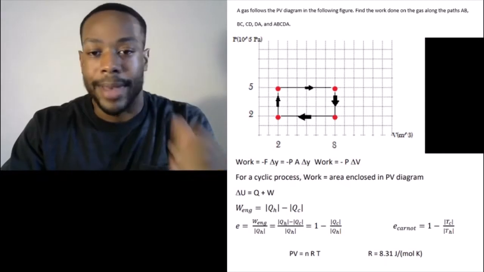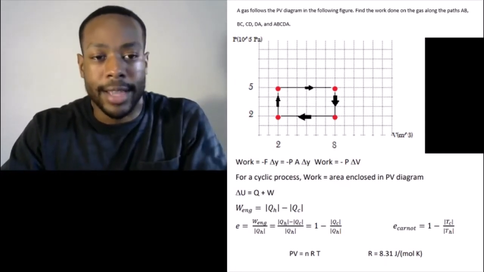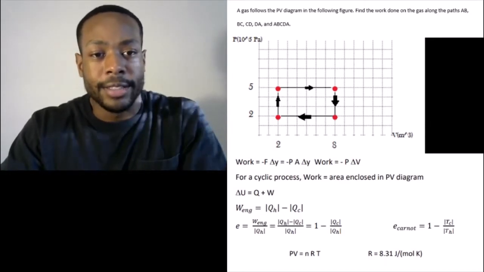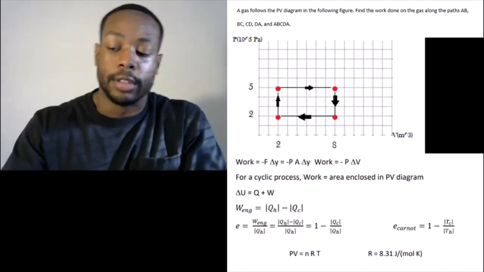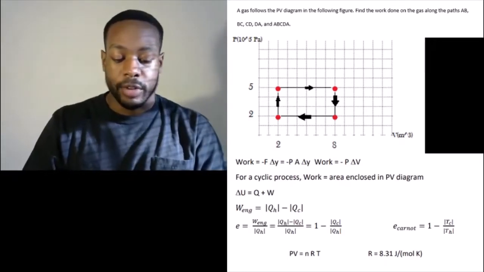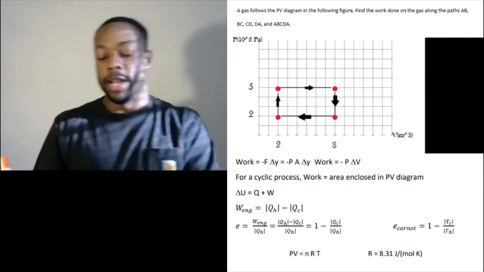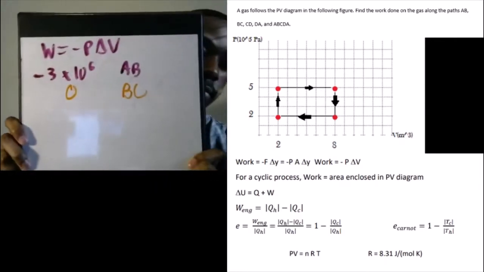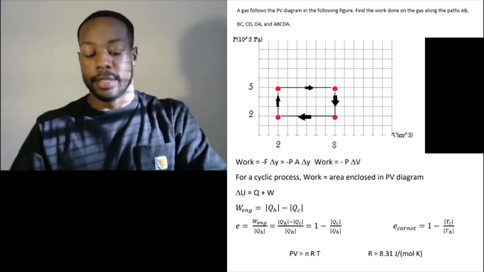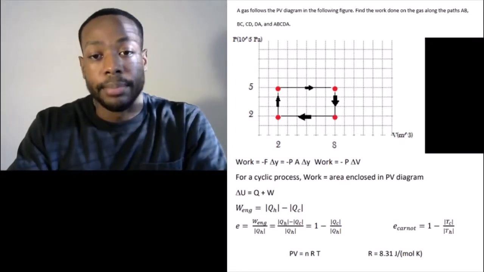You can just put the math in on your formula, 8 minus 8, which is 0. So if it's constant volume, no work's going to be done. So work done at AB is negative 3 times 10 to the 6, and work done at BC is 0.